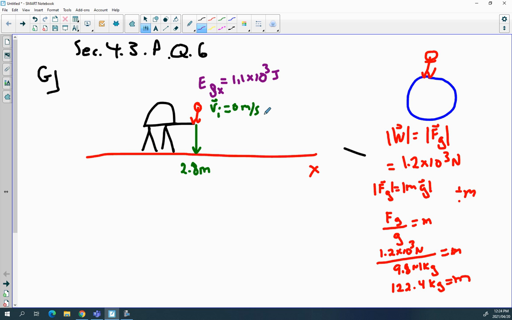And they're saying it's relative to the surface. So this is what we're considering to be height 0, the ground right there. At this level here, there's no gravitational potential energy from the gravitational field of planet X.